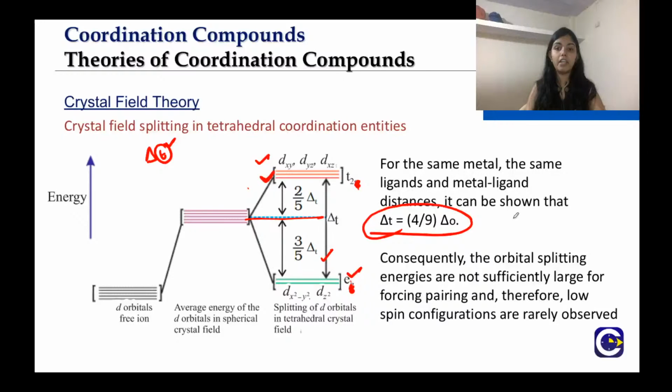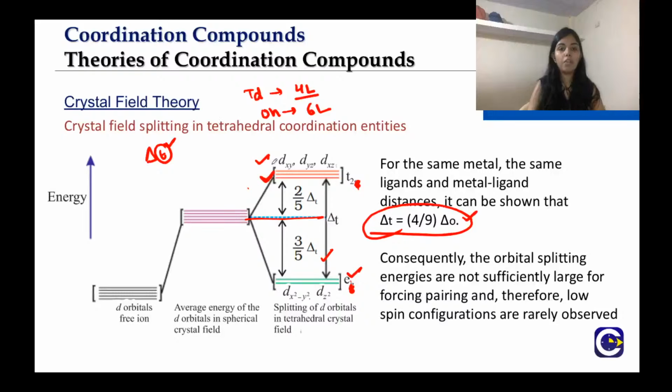The relation between the two is that delta T equals 4 by 9 delta O. A basic reason for this is that in tetrahedral complexes you have only 4 ligands, so the splitting will be less, while in octahedral complexes you have 6 ligands, therefore the splitting will be large. This is one of the reasons why tetrahedral complexes have a lower crystal field splitting than octahedral complexes.